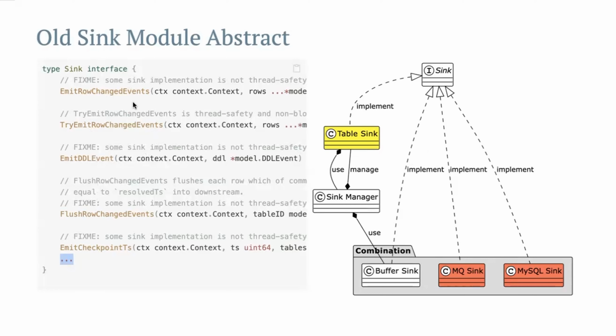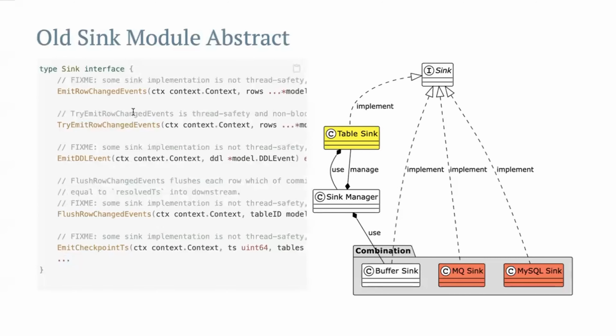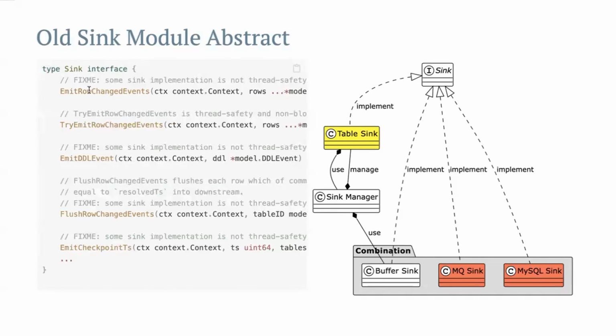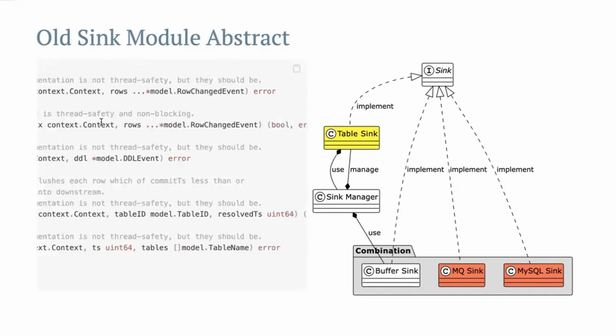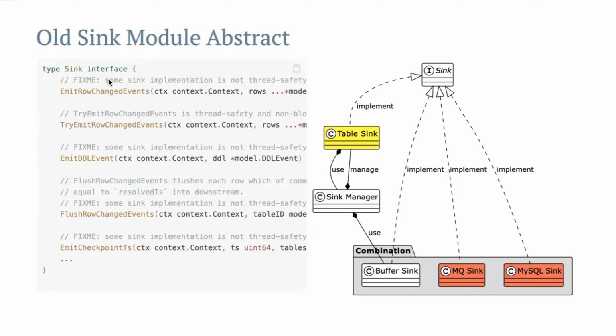Some of those functions are thread safe, while others are not. Additionally, some methods are blocking, but some others are not. Here you can see the EmitRowChangedEvents is blocking, and the TryEmitRowChangedEvents is non-blocking. So it's a little bit weird. We have different implementations and different blocking or non-blocking methods here.